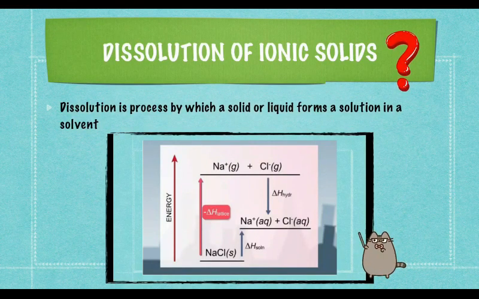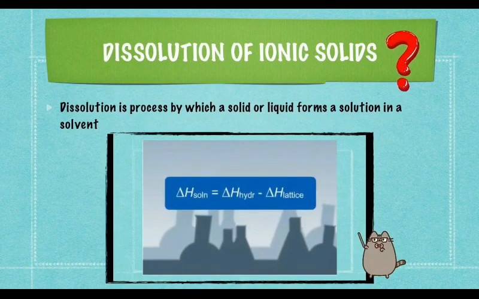The process is endothermic, and so the enthalpy change is positive. The second step is exothermic and involves release of the hydration energy of the cations and anions. From the energy cycle, we can see that the enthalpy of solution is the difference between the enthalpy of hydration and the lattice energy.